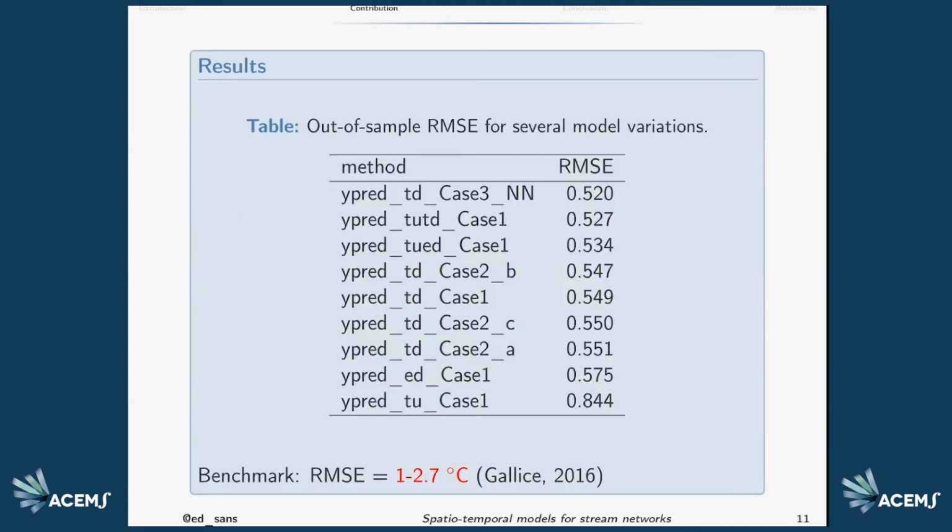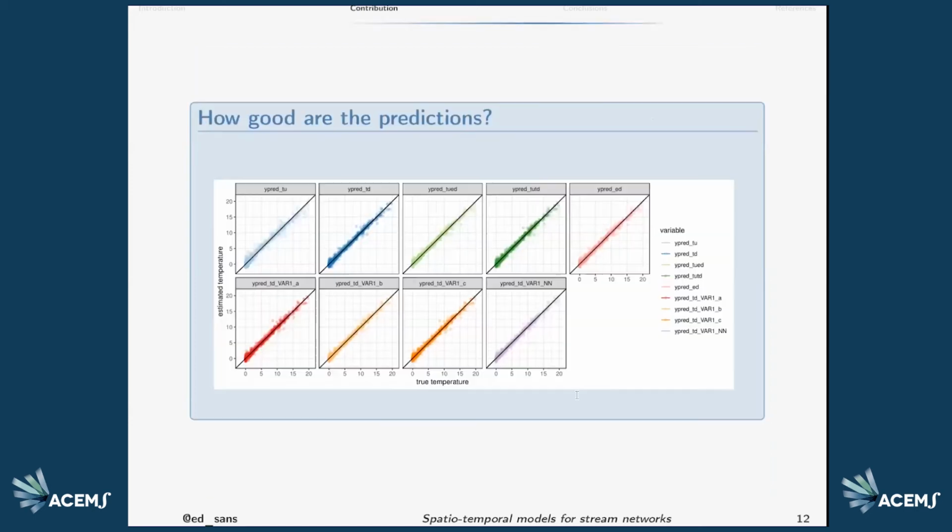We tried a lot of combinations of spatial and temporal structures, and in all of these combinations, we found that the model performs really well. The root mean square error is between 0.5 and 0.84, which is substantially smaller compared to some others published in the literature.